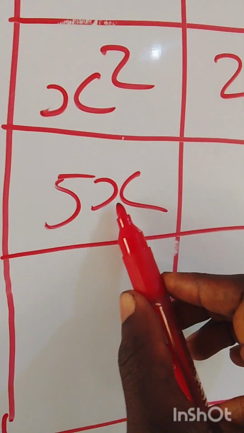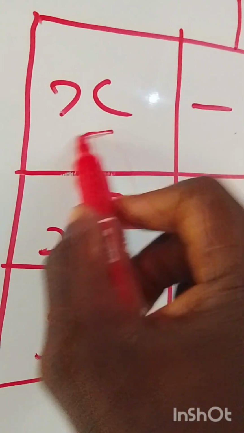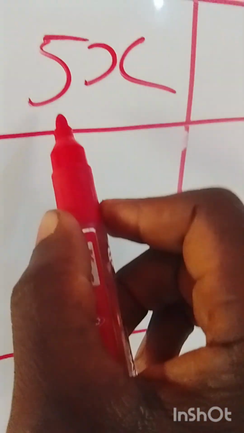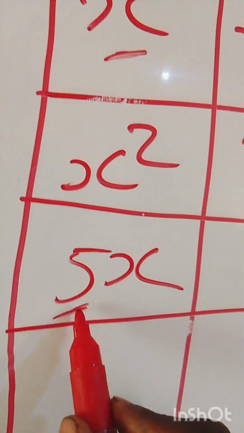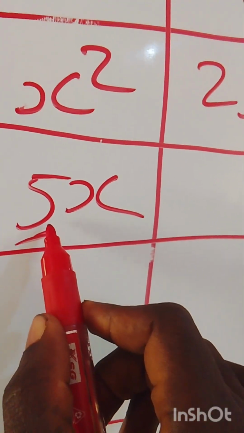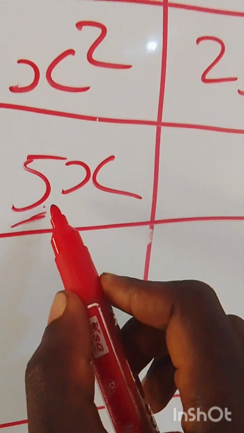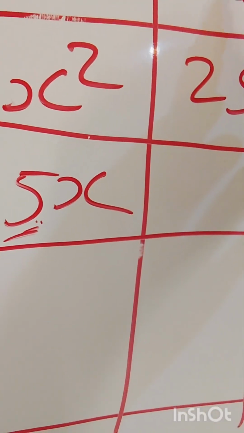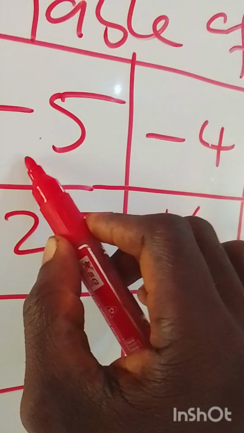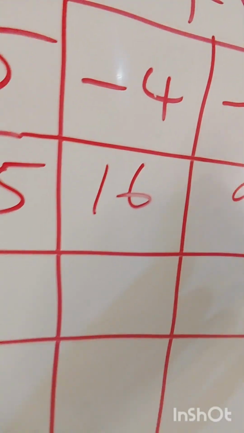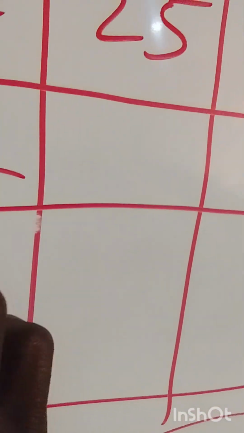Where is our x? Our x is here. Our 5 is here. So when you are multiplying 5 by x, you take 5 here and multiply it with each of these numbers here, here, here. This is how you will get all the spaces filled up.